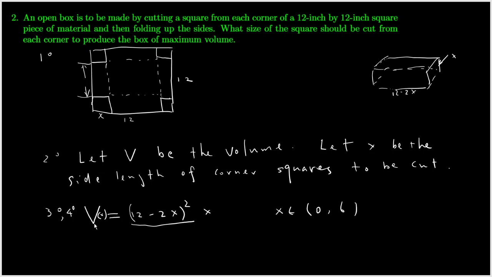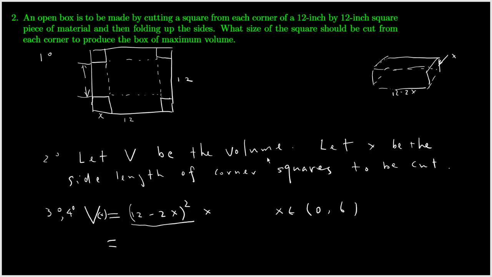But in order to follow the 4 steps we learned last time, it's probably easier if we rewrite the function to some different form. In order to differentiate the function and get the critical numbers and so on, we'd better rewrite the function to some nicer form.